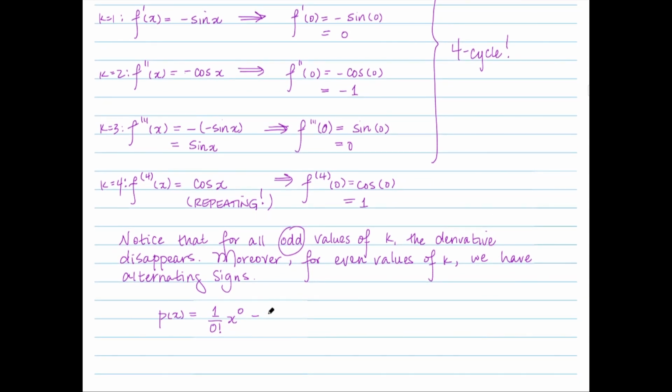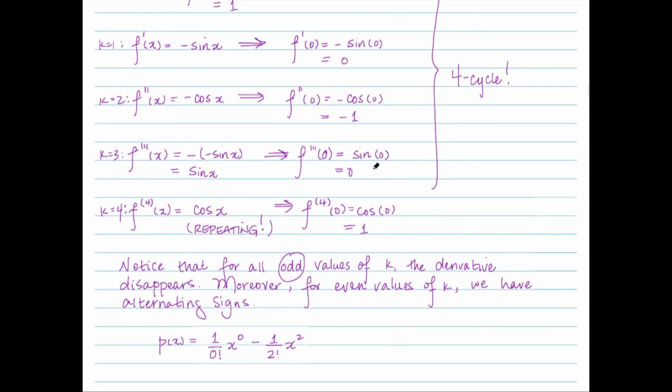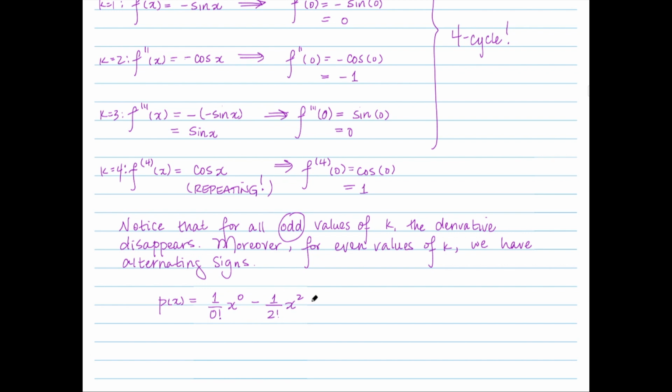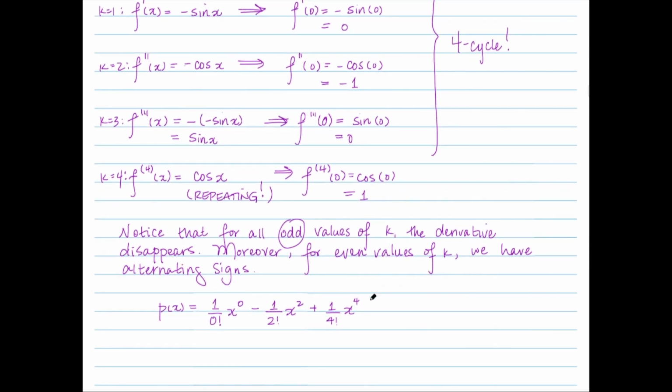And so we end up with a minus 1 over 2 factorial x squared. Odd guy again disappears, even guy plus now 1 over 4 factorial x to the 4th, right? And now we're about to repeat the pattern. The 4 cycle is going to come back again, and so we're just going to keep seeing the even stuff happen. So it's going to be a minus 1 over 6 factorial x to the 6, and so on.